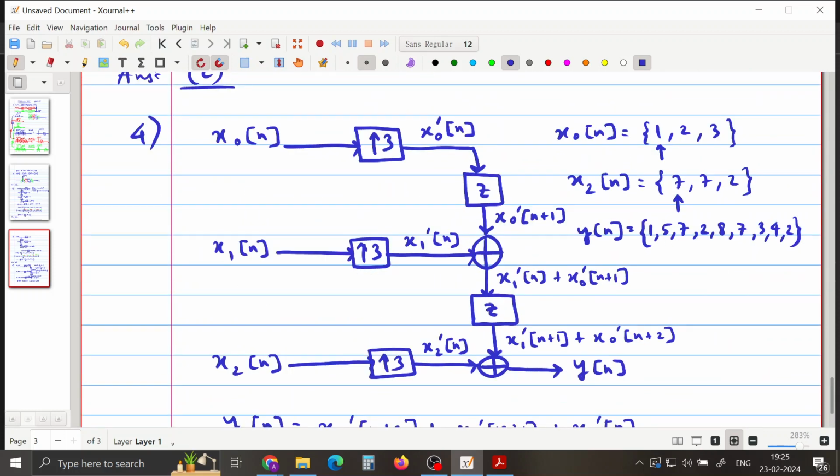These three sequences are given to you, and y of n is given, right? By the way, the origin is at this location, the arrowhead is pointing here, which means y of 0 is 7.